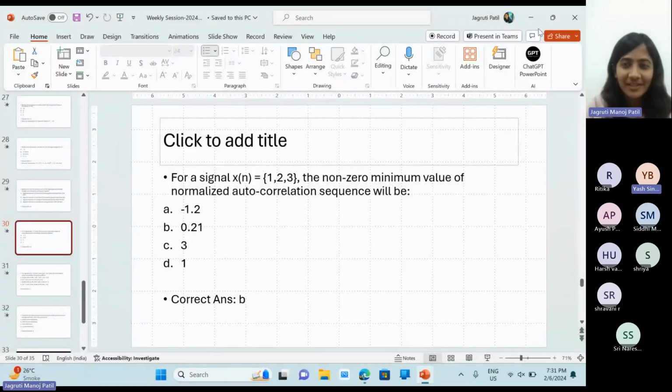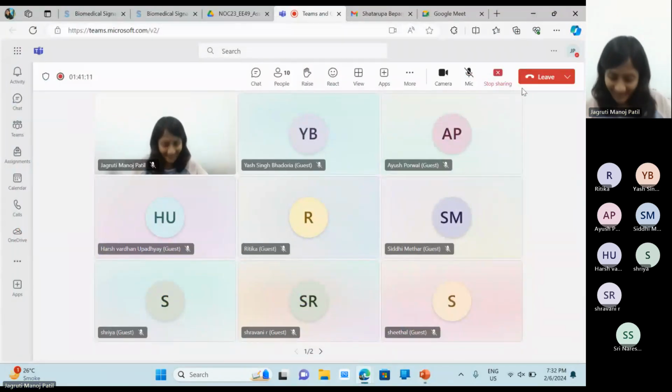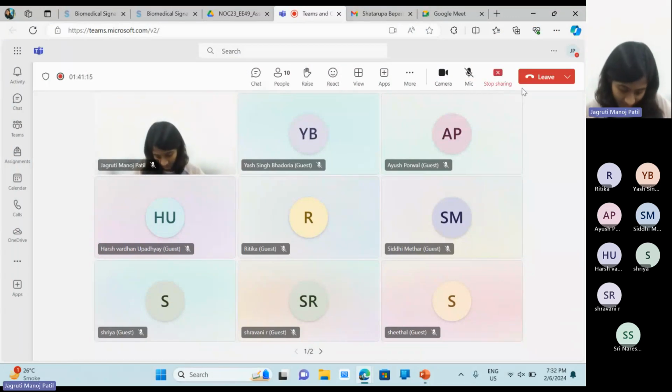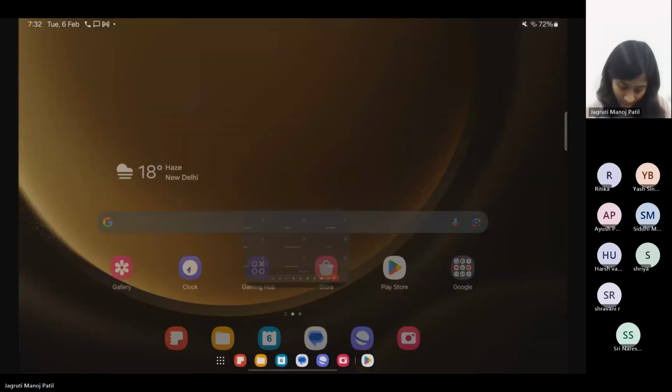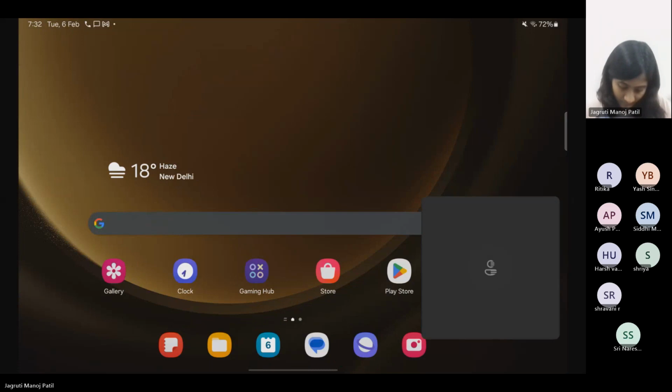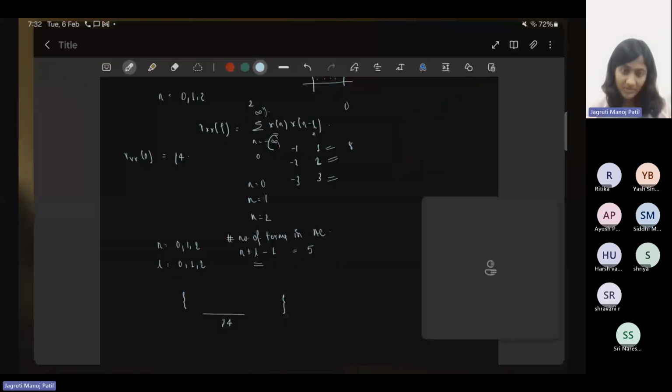How do I share it again? Okay, wait. Share my screen. It's visible, no?